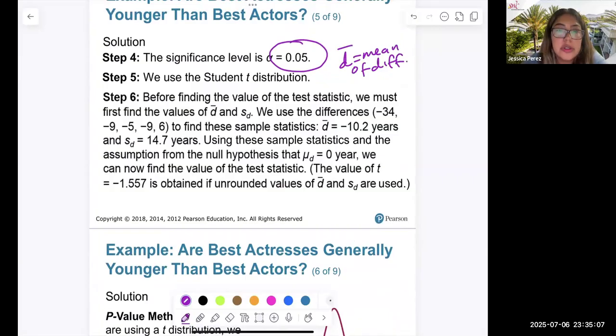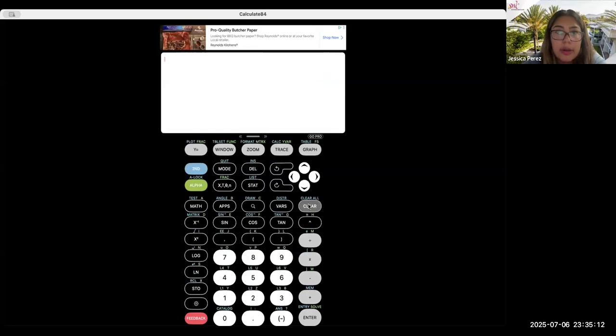So what you're going to do is go into the TI-84, and then you're going to clear. You're going to go into stat, edit, and then you're going to remove L1 and L2. You're going to go into L1 and put in the values of the differences. If we look at our values, it's going to be negative 34, negative 9, negative 5, negative 9, and 6.